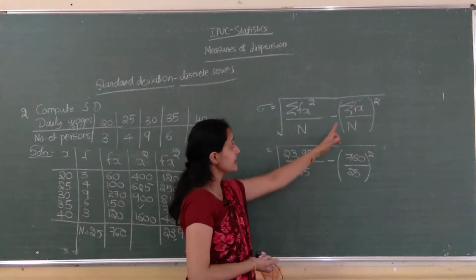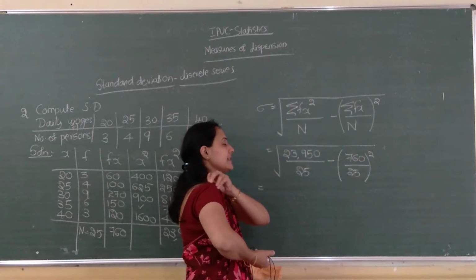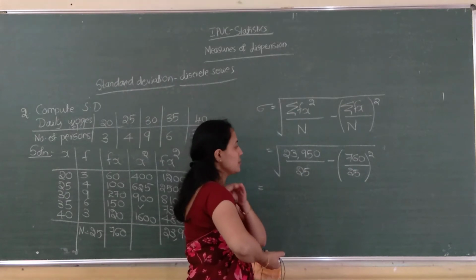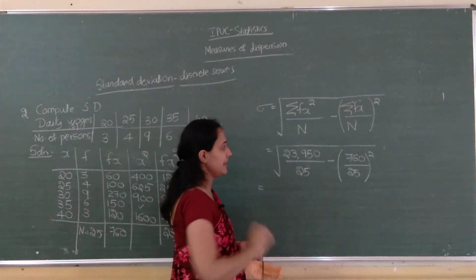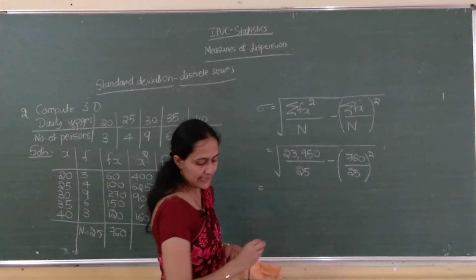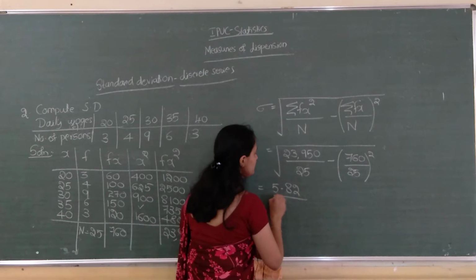This one is different: sigma f x and sigma f x square are different. First divide this total, then subtract that one separately. The answer is 5.82.